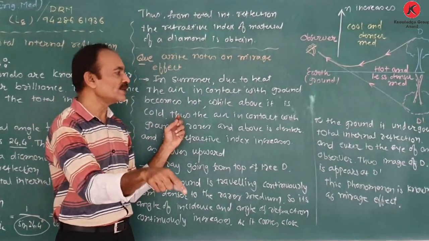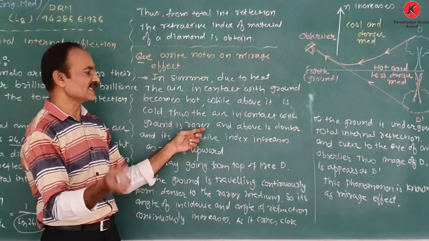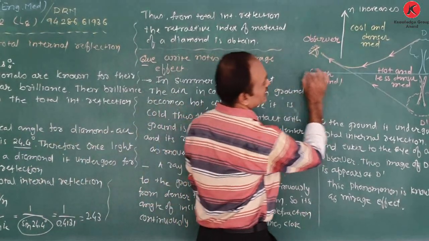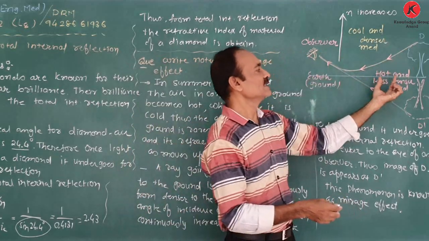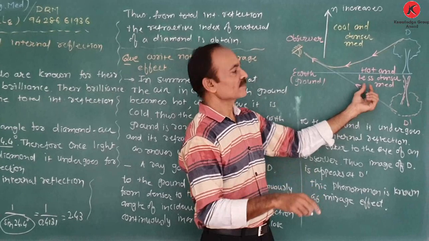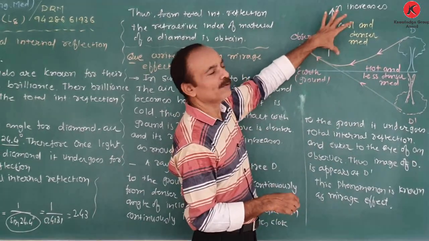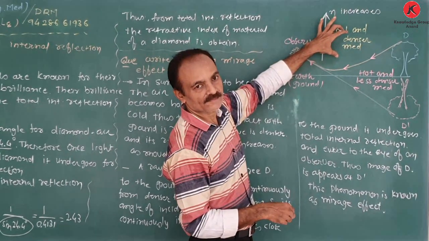The air in contact with the ground is hot and less dense, that means a rare medium, while just above this, the air is cold and a denser medium.